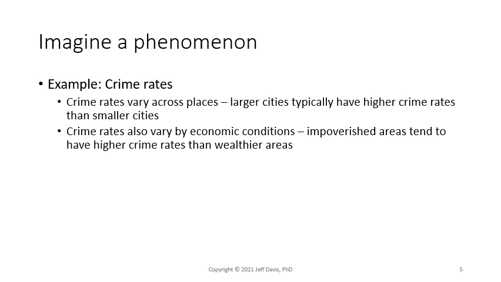What do we typically think about where crime rates are highest, where they're lowest? Okay. All right. So we think about crime rates as they vary across places. So we think larger cities typically have higher crime rates. Smaller cities typically have lower crime rates, right?